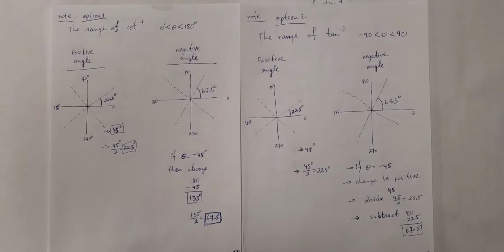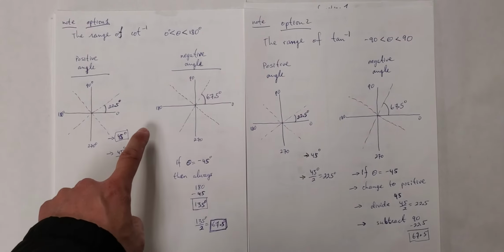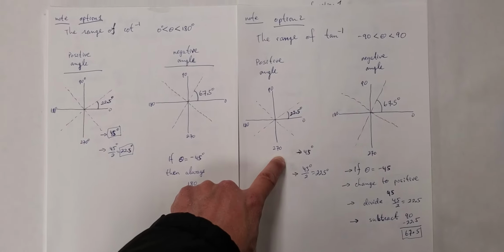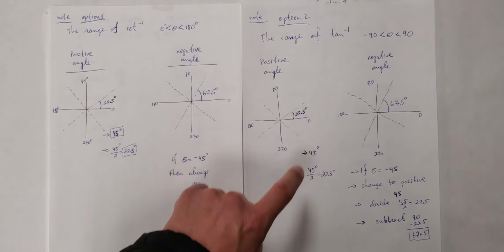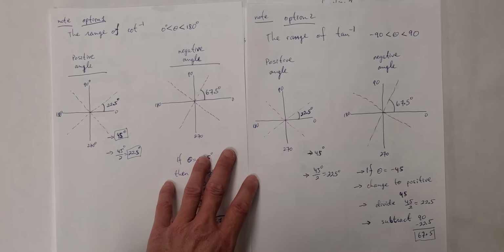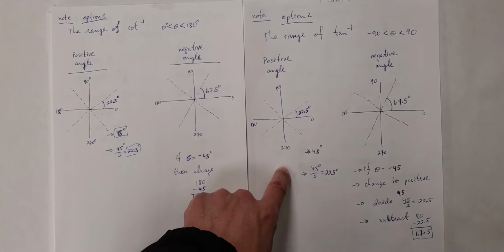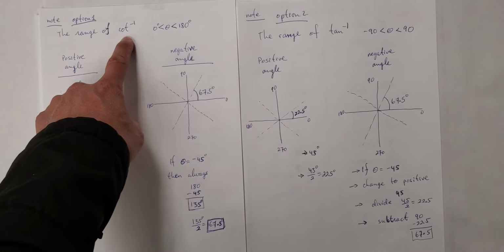So one more time. On the left, if you are using option number 1 with inverse cotangent, on this side it is option number 2 for inverse tangent. And I did specifically say that we will use option number 2, and the reason is because most calculators do not have inverse cotangent.